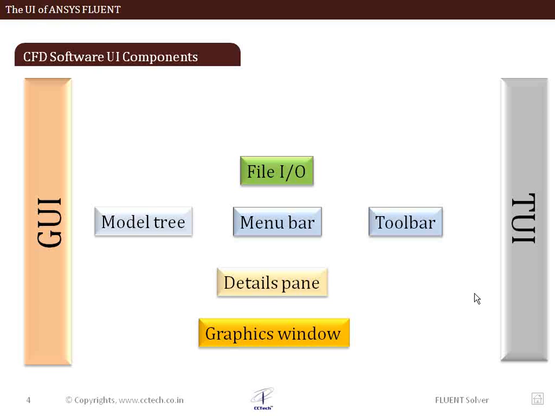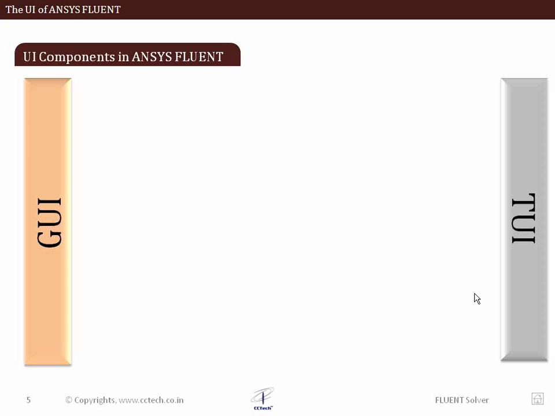And now let's look at what happens in the case of ANSYS Fluent specifically. The UI components in ANSYS Fluent again are classified through GUI and TUI components. So we'll look at what are the basic GUI components. First of all, we have a launcher. That's ANSYS Fluent's specialty since the 12 release.